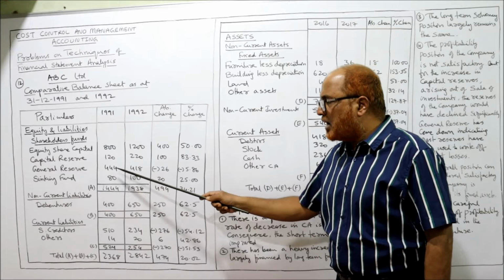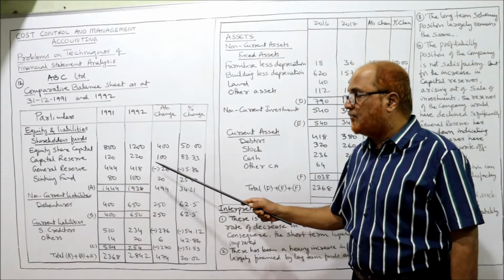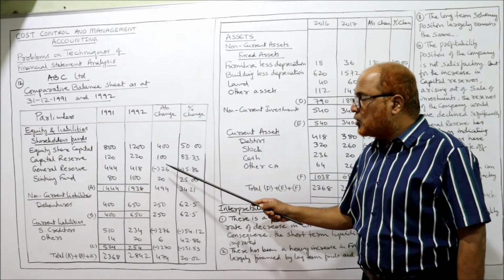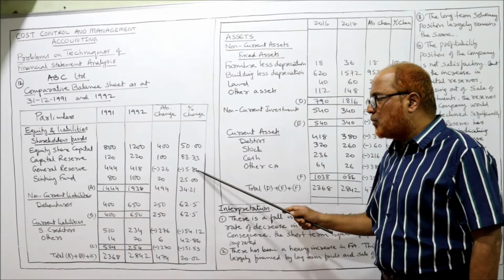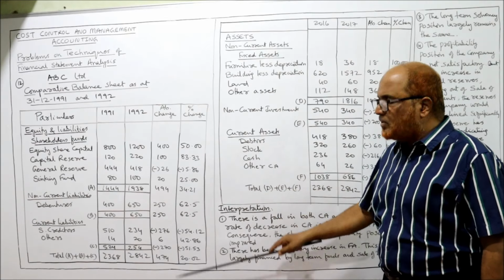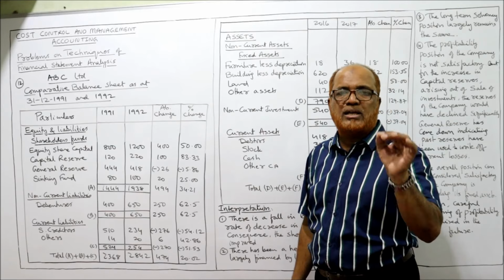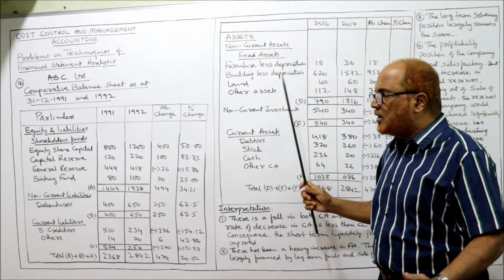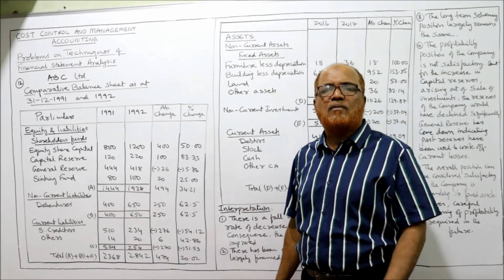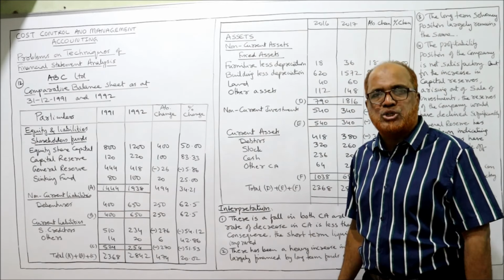Similarly, 418 minus 444, you are getting negative 26. So minus 26 divided by 444 into 100 is minus 5.86. Like this, we calculate the absolute change and percentage change for all the figures. That's all. This is the completion of the comparative balance sheet.